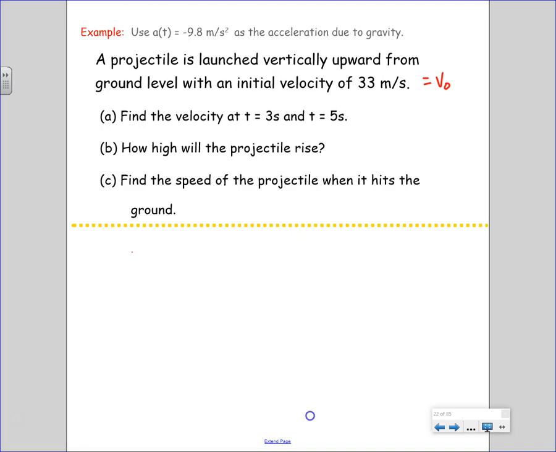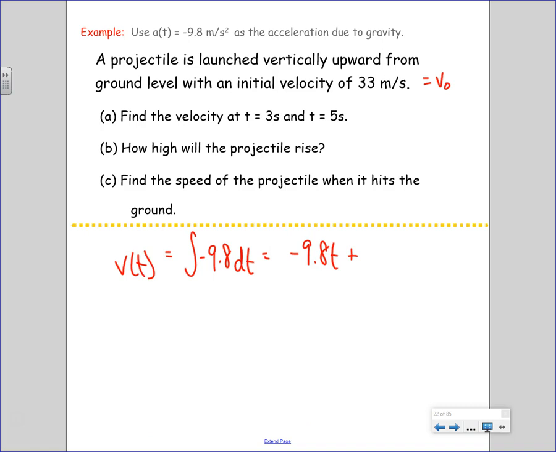If they give us a rate of a rate, go back to just the rate. If they give us acceleration, go back to velocity. What's the integral of negative 9.8? Negative 9.8t plus c. Sorry, that's not acceleration, that's velocity equals.